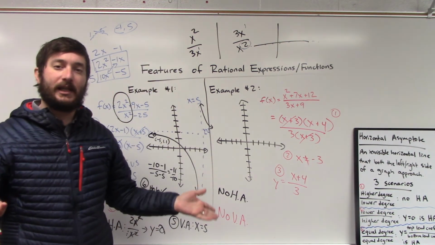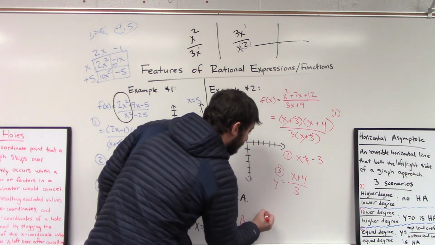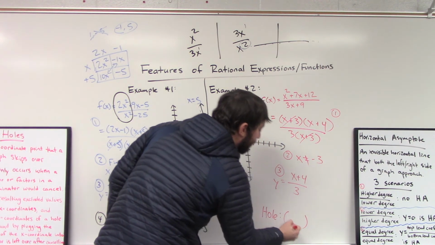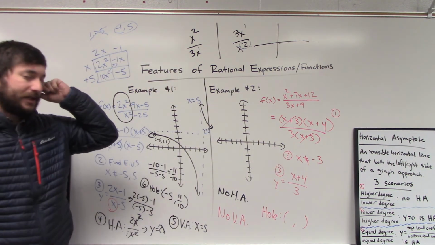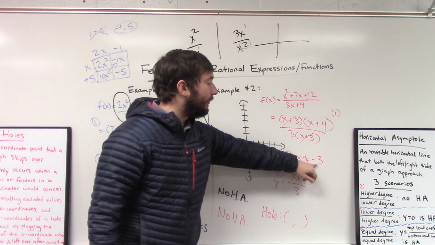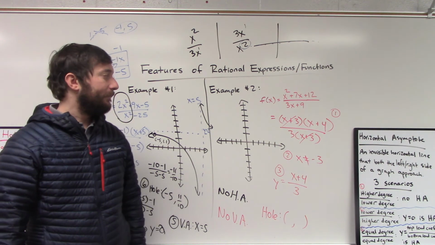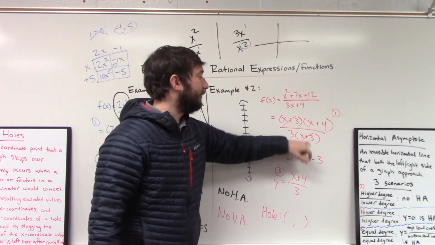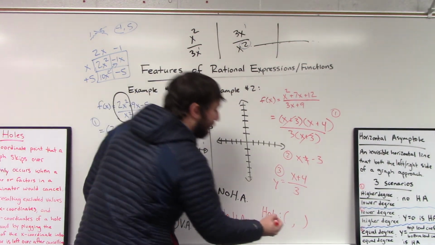So the only thing that we can have is a hole in this graph. A coordinate point the graph will skip over, x comma y. And in this case, that's where we're going to see our excluded value come into play. Remember, this came from parentheses that canceled, right? x cannot be -3.